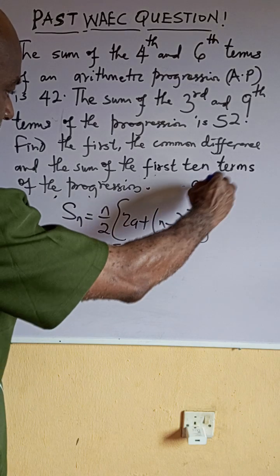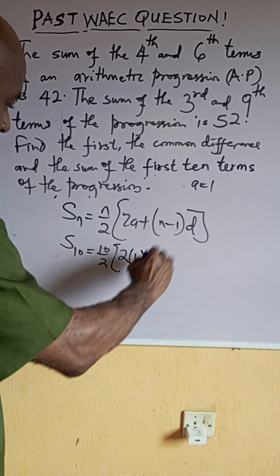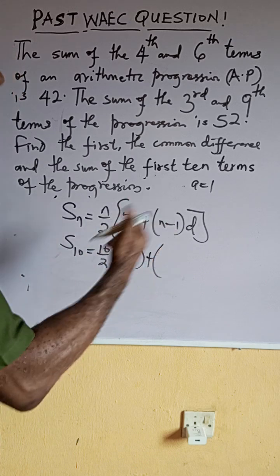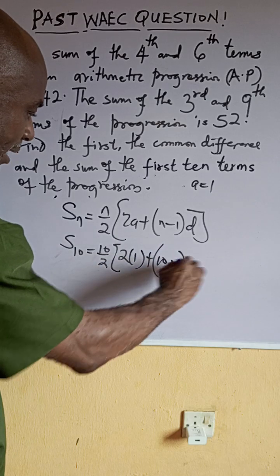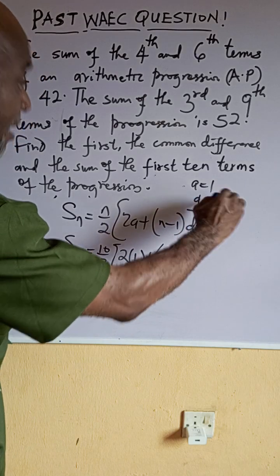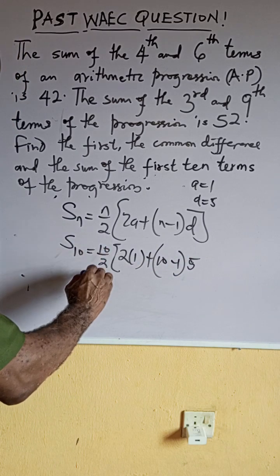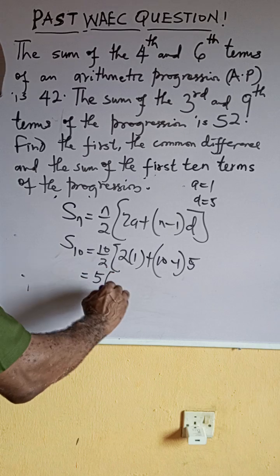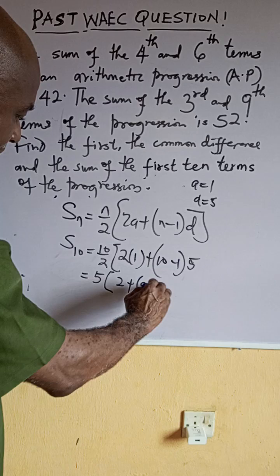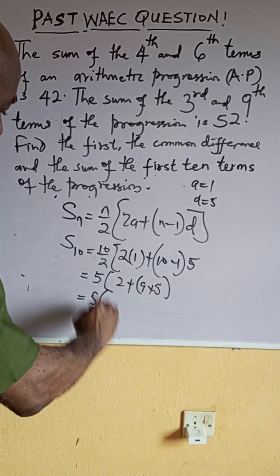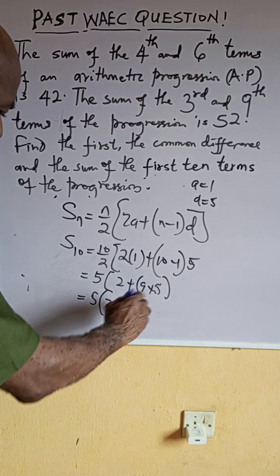We got our A as 1, so we multiply 2 by 1, plus n is now 10, because we're asked to determine the sum of the first 10 terms. So 10 minus 1, multiplied by the common difference we got as 5. So here we have 5 into 2 multiplied by 1, 2, plus 9 multiplied by 5, which gives us 45.